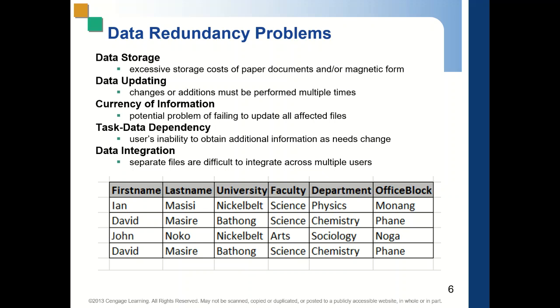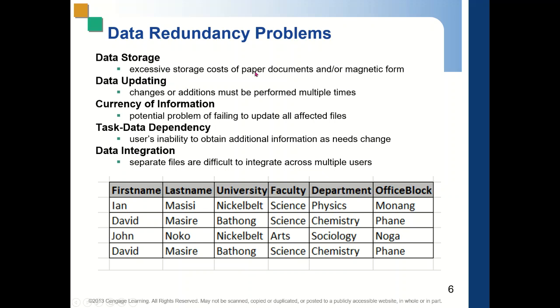But in this particular case, we are looking at redundancy, and we are saying it's actually a bad thing. One of the challenges, let's maybe just go through one or two of these items.